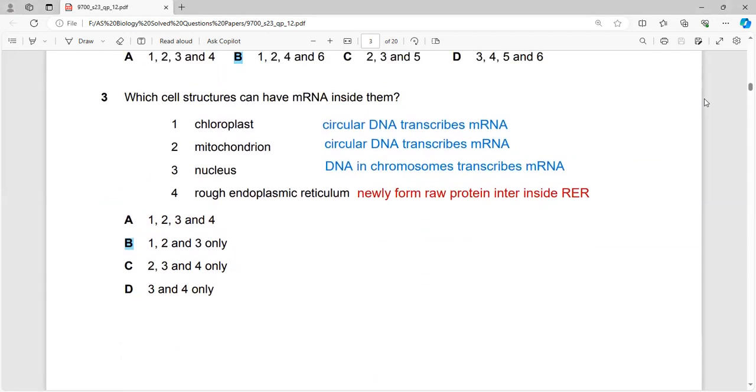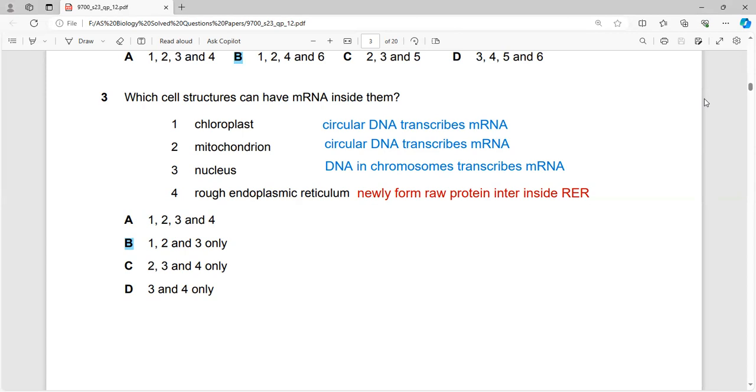Which cell structures can have messenger RNA inside them? Cell structures like chloroplast and mitochondria contain circular DNA, and their circular DNA transcribes into messenger RNA, and they produce their own protein. The nucleus contains DNA, and this DNA is present in chromosomes, which transcribes into messenger RNA for production of protein.